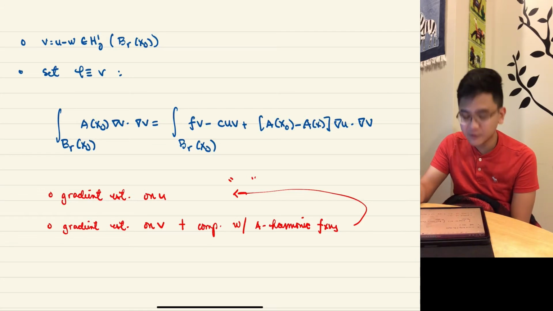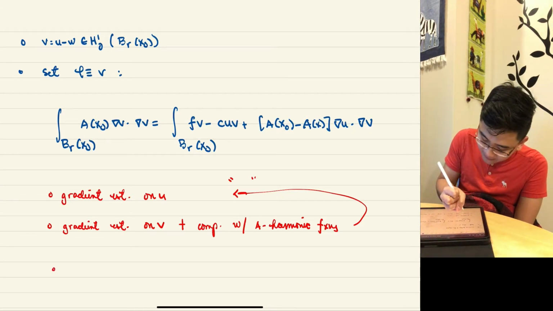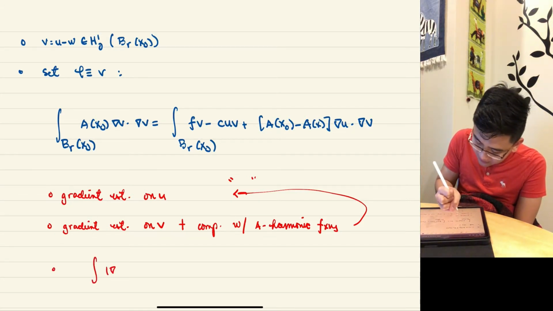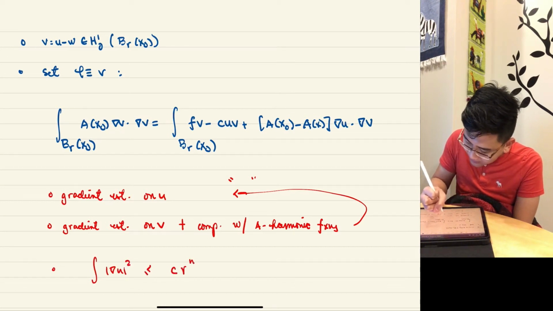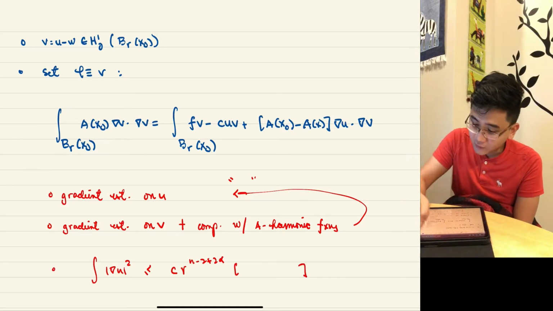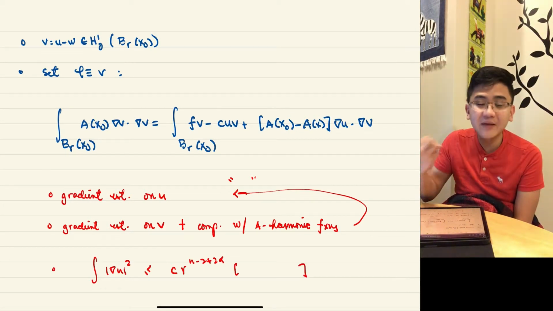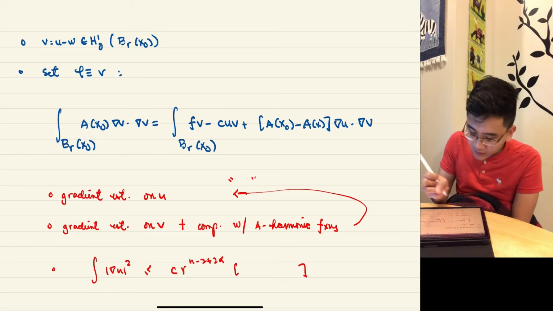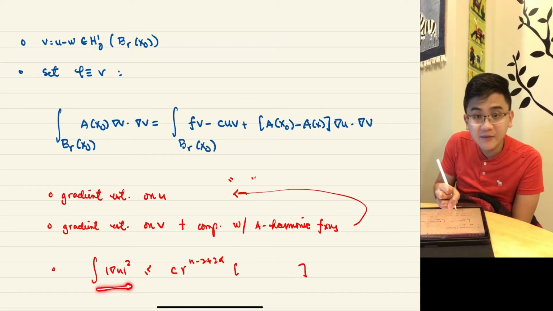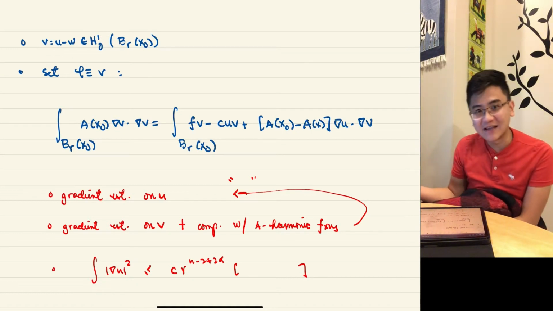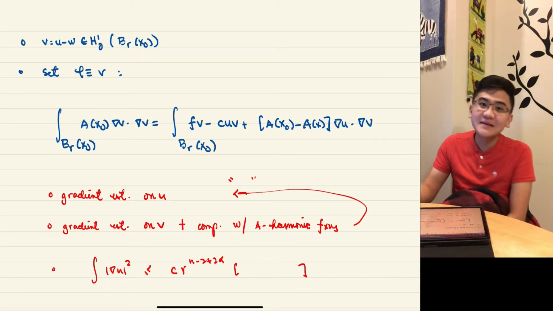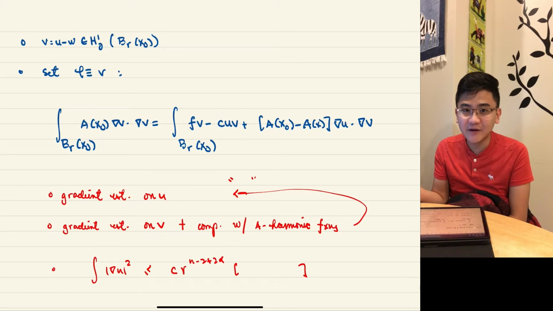Remember, we want something like a term here with grad U squared, some power of R to the n minus 2 plus 2 alpha plus other things. With the things we're going to do here, we will obtain some kind of a gradient estimate, but this power of R is still missing. So this is an intermediate step, but the techniques are still very important.